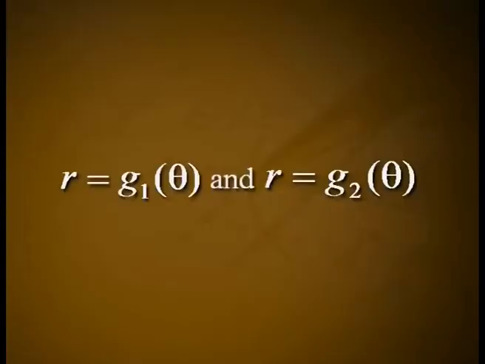Now, for stating the formula for double integral in polar coordinates, suppose that a function f of r theta is defined over a region R that is bounded by the rays theta is equal to alpha and theta is equal to beta, and by the continuous curves r is equal to g1 theta and r is equal to g2 theta.